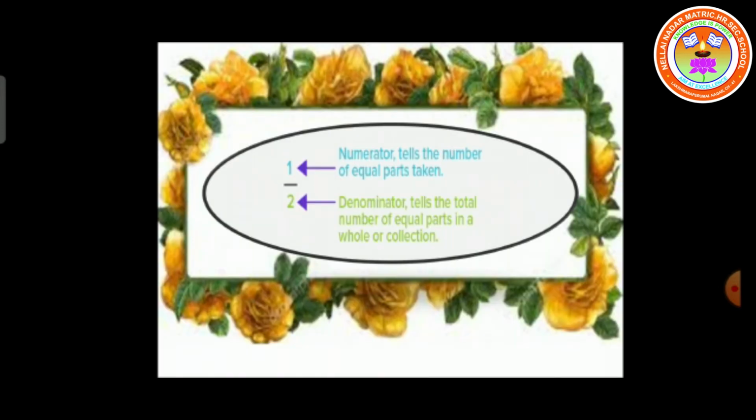Now see the example 1/2. The numerator tells the number of equal parts taken and the denominator tells the total number of equal parts in a whole or collection. Students, don't get confused with numerator and denominator. Is it clear? That line is important. That is called the bar line.